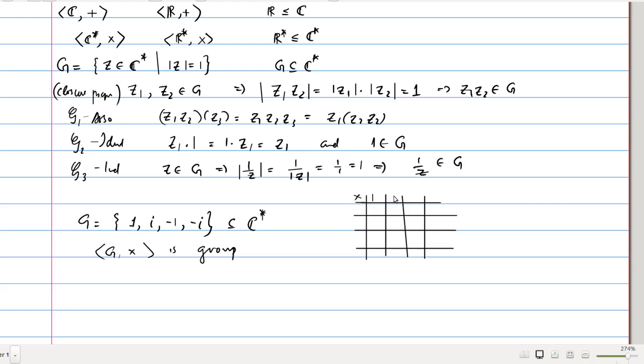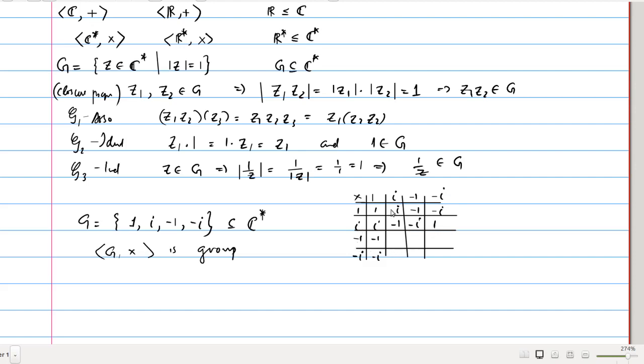So this is 1, I, minus 1, minus I along the top and along the side. You can easily fill up these boxes. Here we can write I times I, that is equal to minus 1. I times minus 1 is minus I. I times minus I is equal to 1.